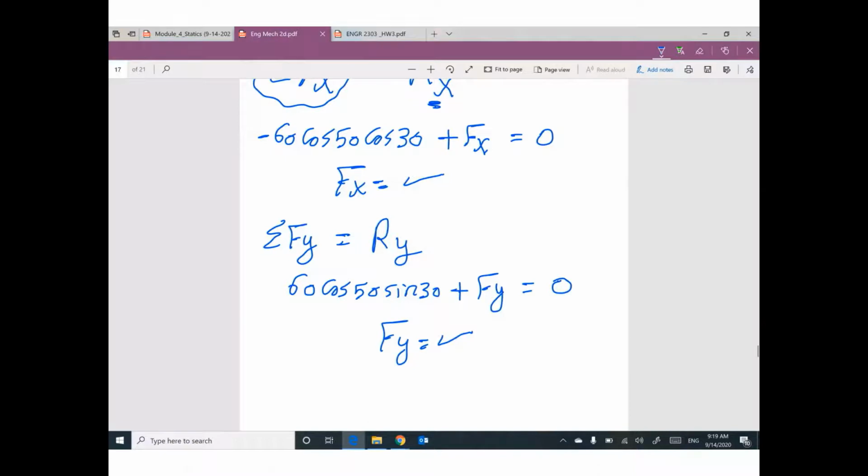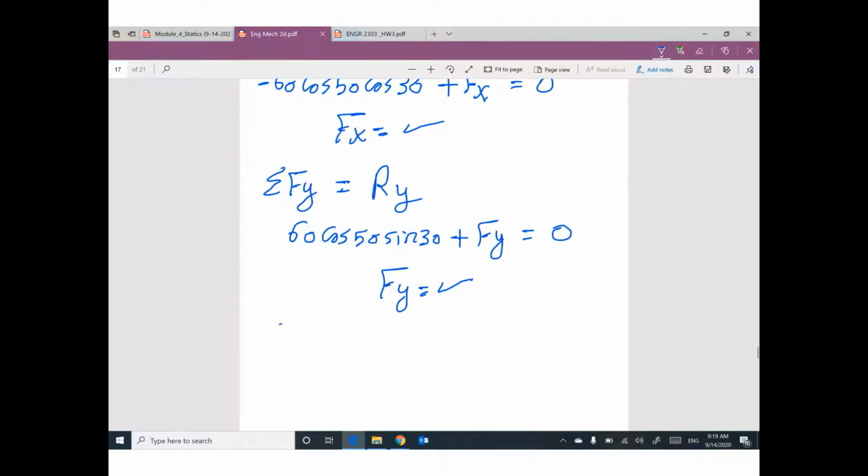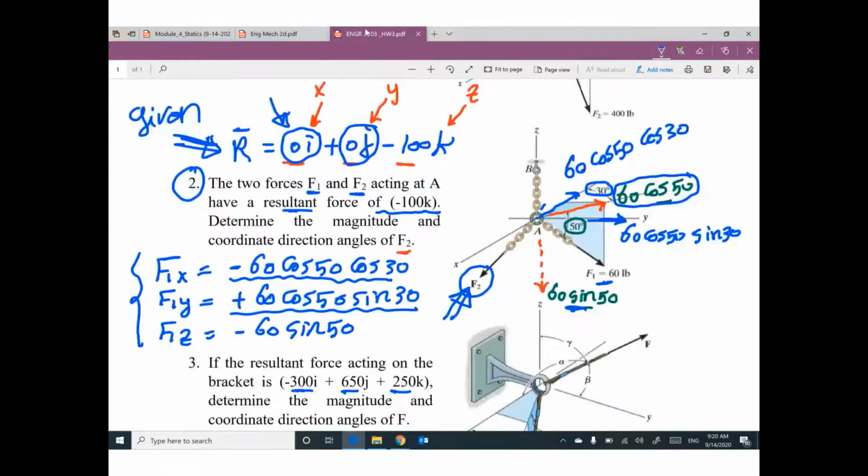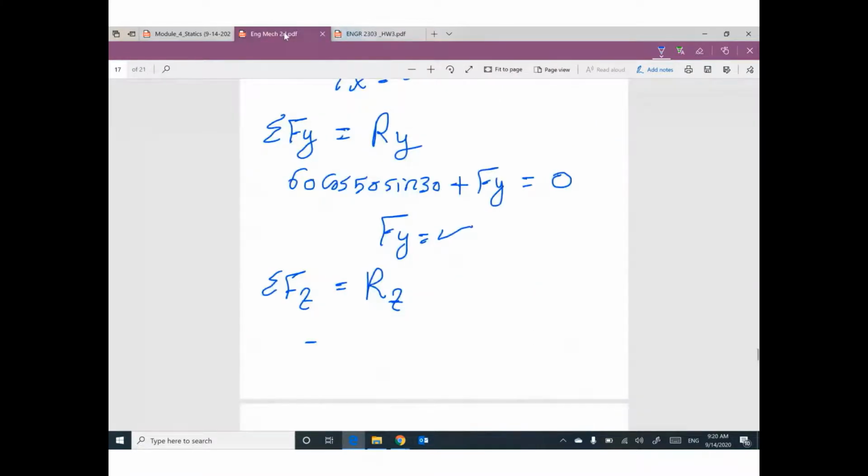Then summation of all z components for the given forces equal z component of the resultant force. We have here in the direction, we have negative 60 sine 50.